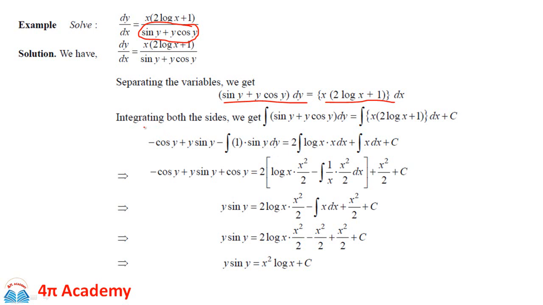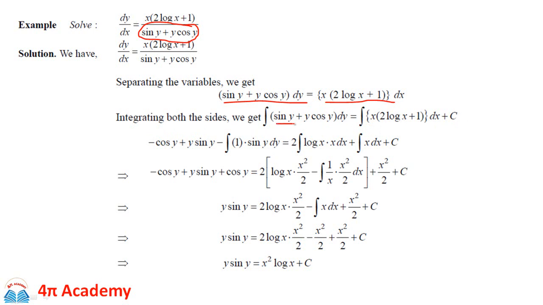Then the second step is you have to integrate both sides of the equation. So integrating this, we get integration of sin y plus y cos y dy is equal to integration of x into 2 log x plus 1 dx plus c. That will be a simple integration.